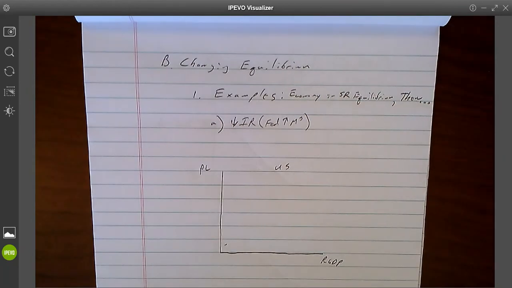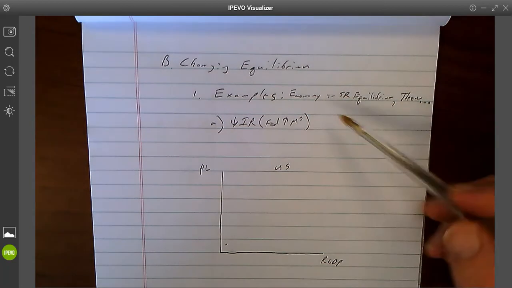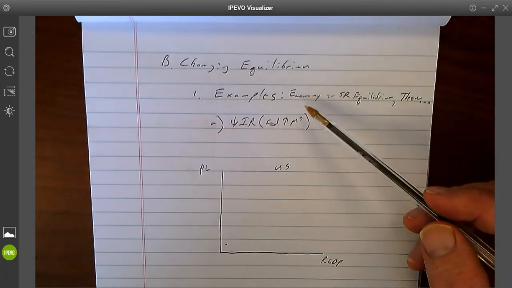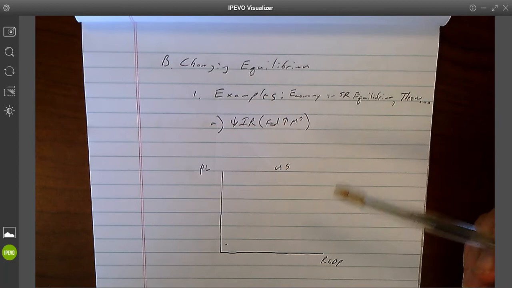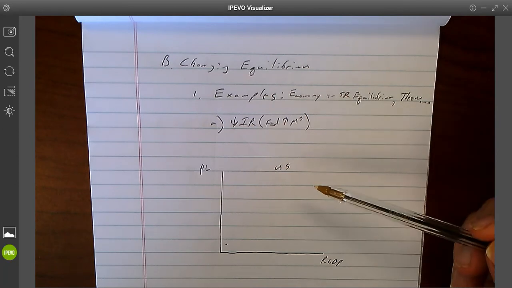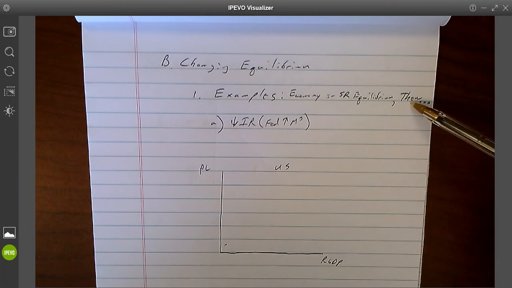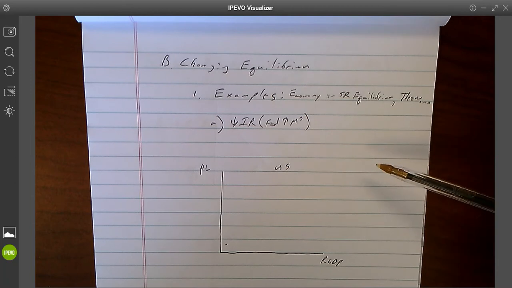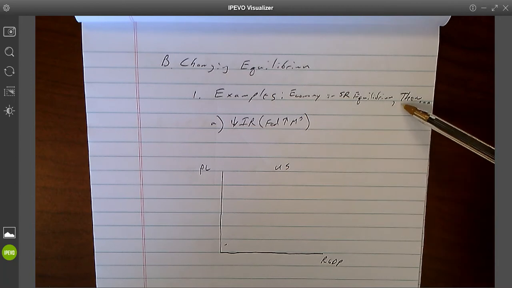I'm going to do one, and then I'm going to have you work some on your own, okay? So with all these examples, we're going to assume that the economy is in short run equilibrium. So we're going to start with short run equilibrium. Then something is going to change.